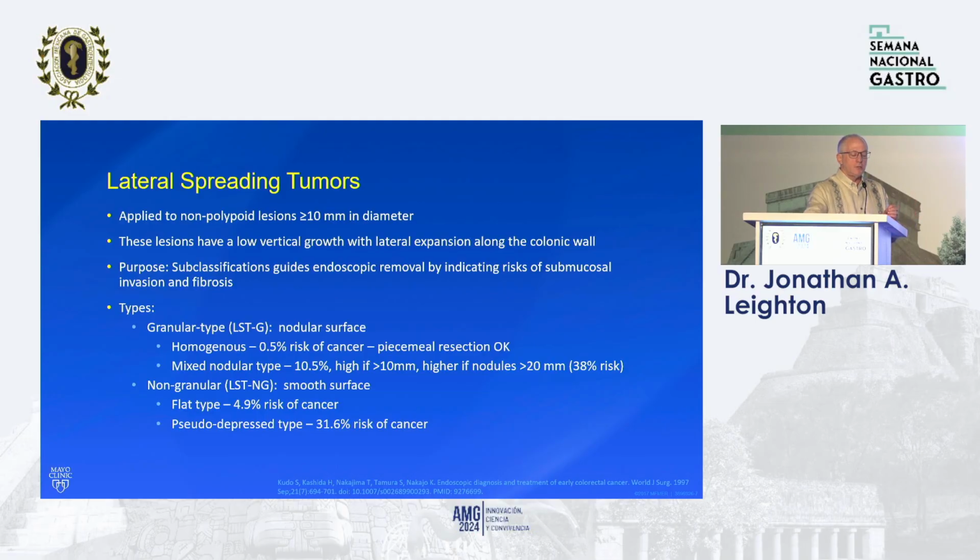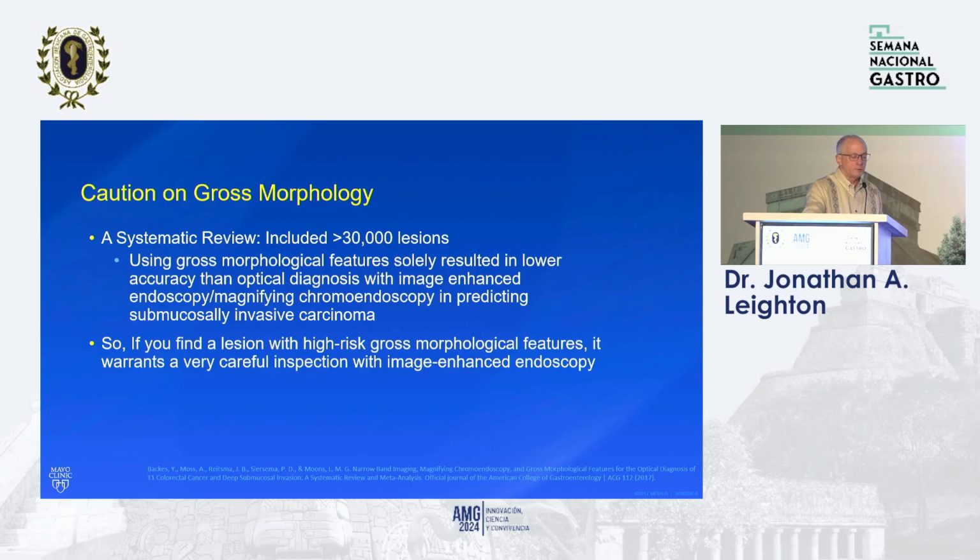But once you get to the mixed nodular type, nodules greater than 20 millimeters can have a 38% risk of cancer. And then the non-granular type, which is a very smooth surface, those have a higher risk of cancer. So it's important to understand granular versus non-granular when talking about lateral spreading tumors.